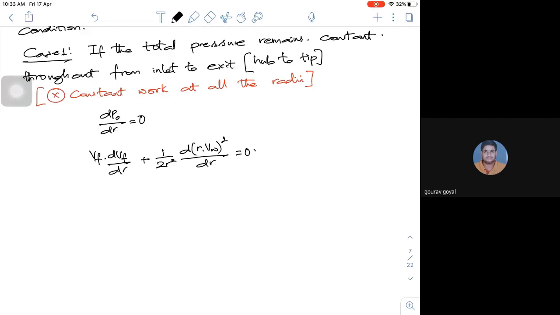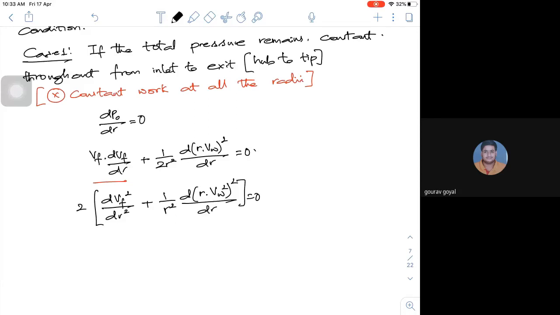The same equation I can modify a little bit. I can write the first one as a differential, so this 2 will go off, and I can write it as dVf square by dr square. For the second one, if I take 2, I am going to get 2 into 1 upon r square into d into r dot Vw square by dr is equal to 0.